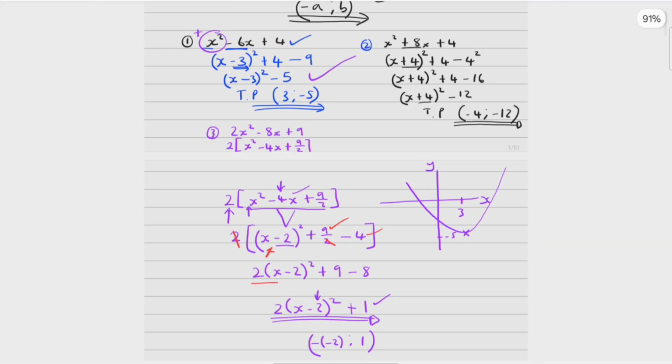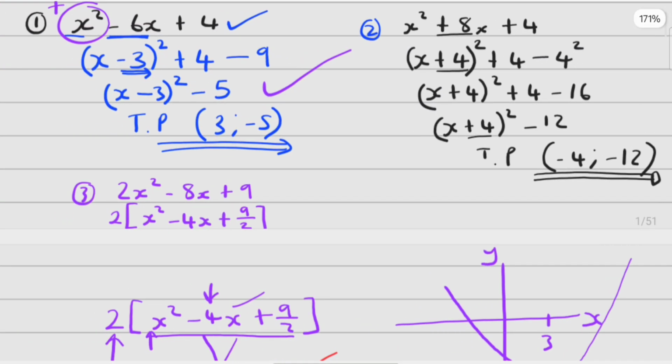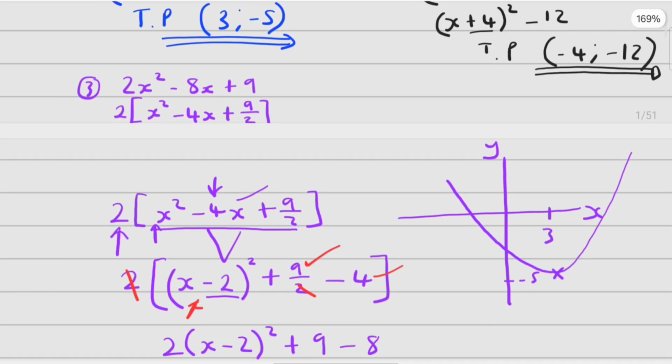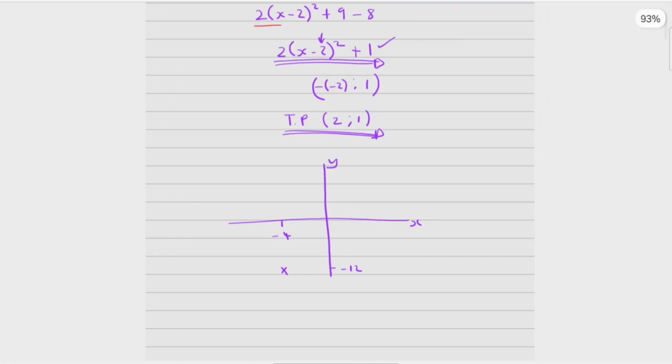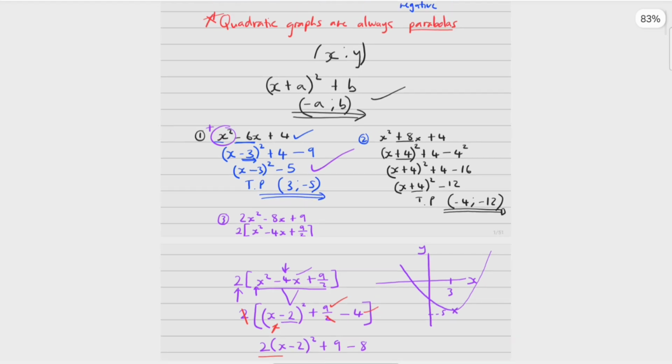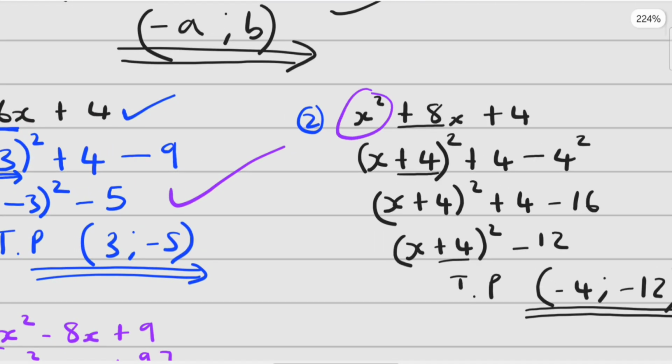And even for the second one, x squared plus 8x plus 4. If we look at the turning point minus 4 minus 12, the general sketch will be this minus 4 and minus 12. It will be here, right? Then we look at the coefficient of x squared.